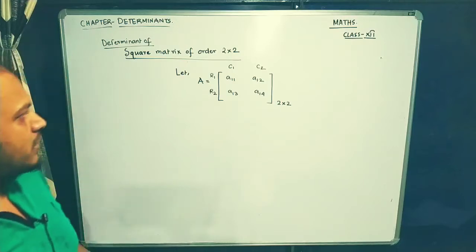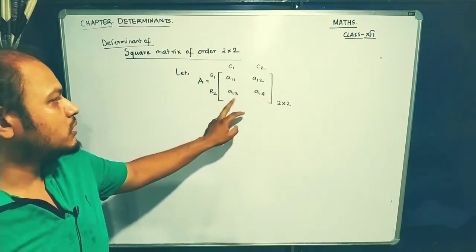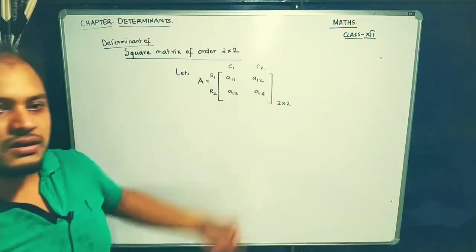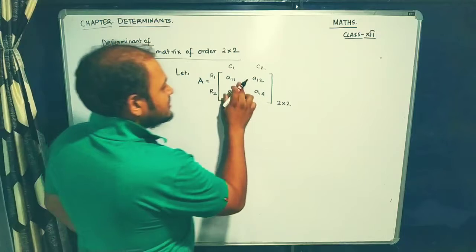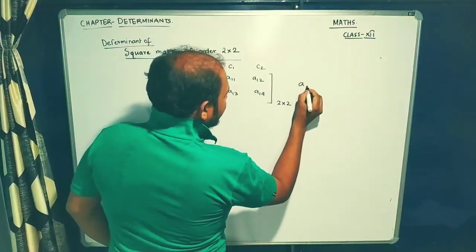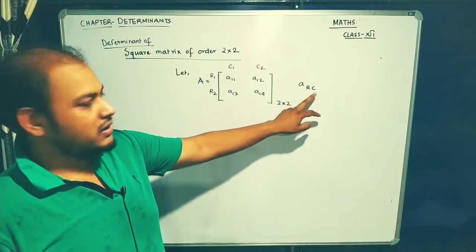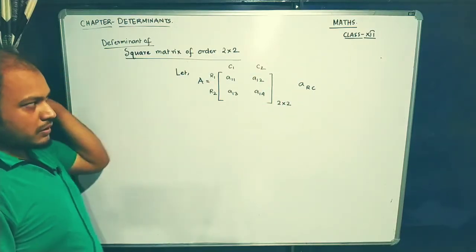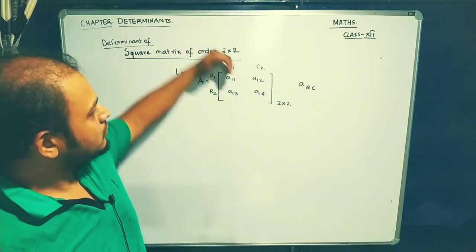Now you might ask me, why have I written these numbers like A11, 12, 13, 14? Where does this number come from? Well, it must be clear to you that these numbers are written in this fashion: A, R, C, where R stands for the row number and C stands for the column number. So in this case, this element belongs to the first row, first column.